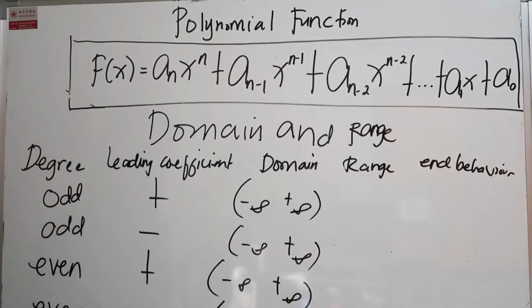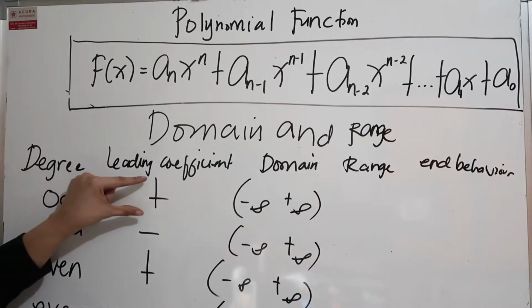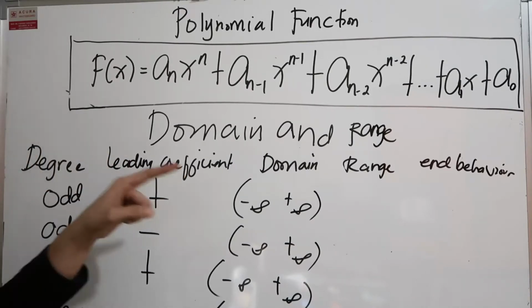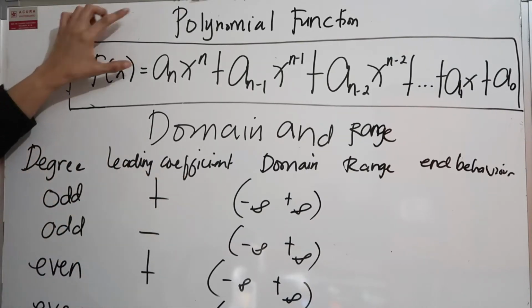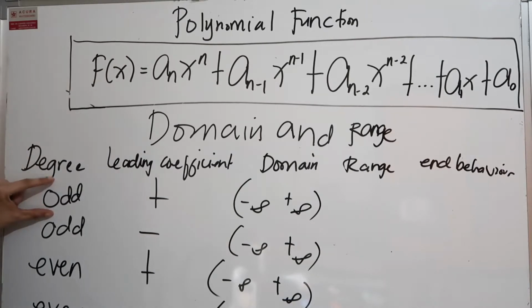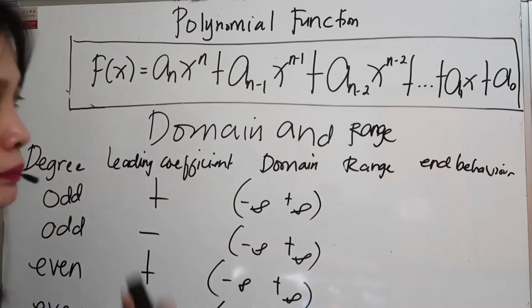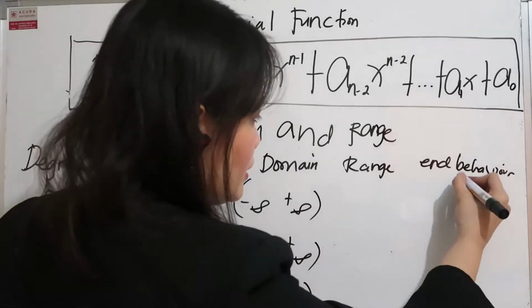What is the end behavior if the degree of a polynomial function is odd and the leading coefficient is positive? It's like this.